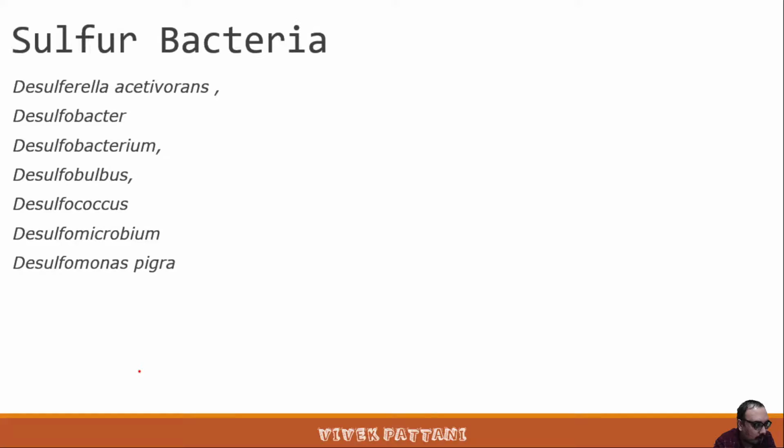Now, moving forward with the next group, which will be the last group of today, sulfur bacteria. The first ones are Desulfurella acetovorans, Desulfobacterium, Desulfobulbus, Desulfococcus, Desulfomicrobium, and Desulfomonas pigra.